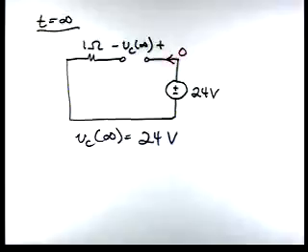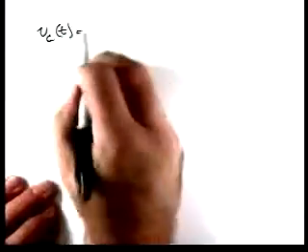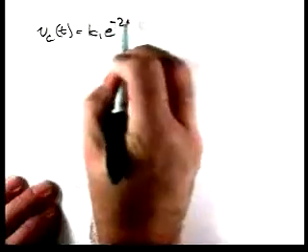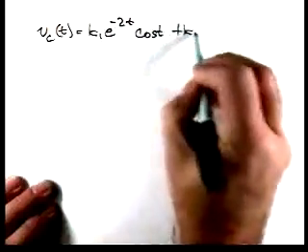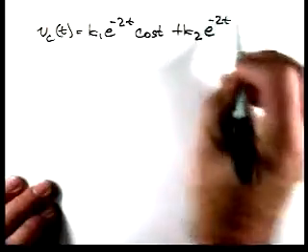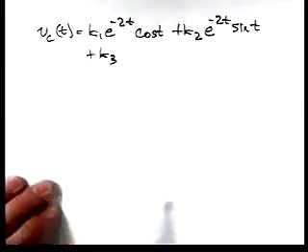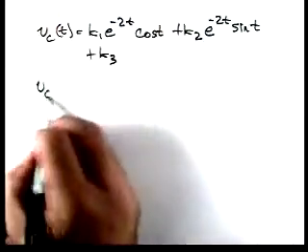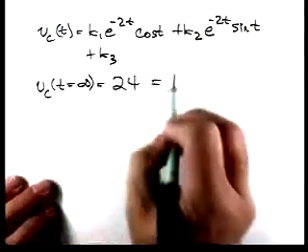So now, our solution is V sub C of t equals K1 e to the minus 2t cosine t plus K2 e to the minus 2t sine t plus K3. So for instance, we plug in t equal infinity. That's going to give us K3.